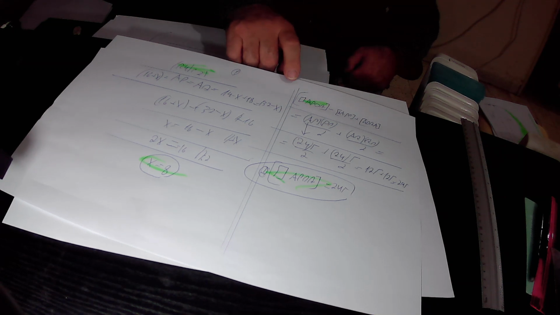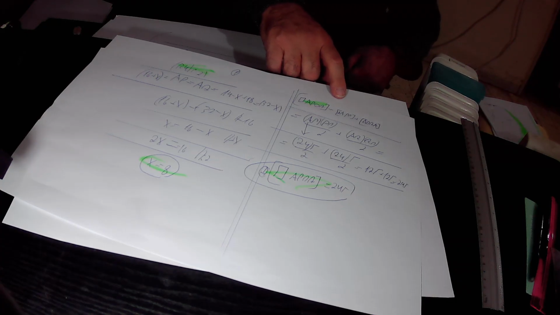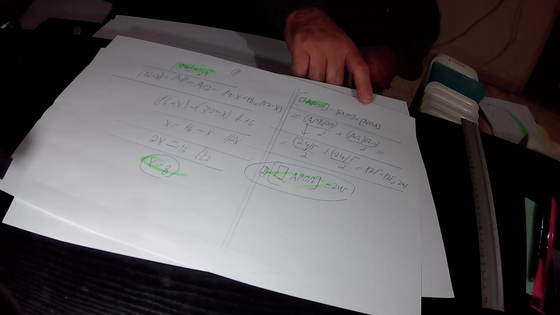So in total, the area of the big quadrilateral APOQ must be equal to the area of triangle APO plus the area of the right lower triangle AQO.